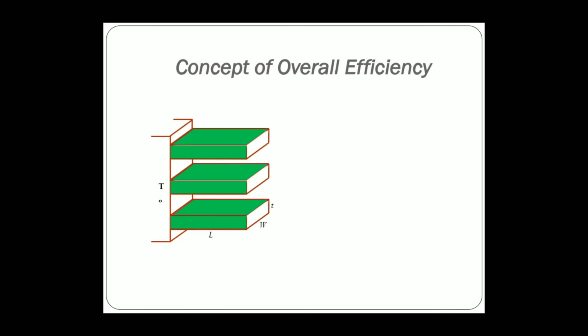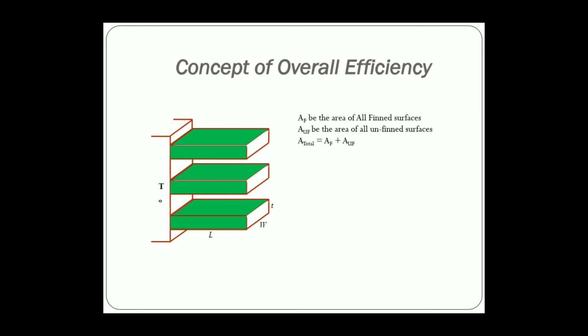Next we will discuss the concept of overall efficiency. This is applicable for multiple fins, where a number of fins are attached to the base surface. Here I have shown only 3 fins, and each fin is assumed to be similar, having the same length and same cross section size, attached to a single base surface.